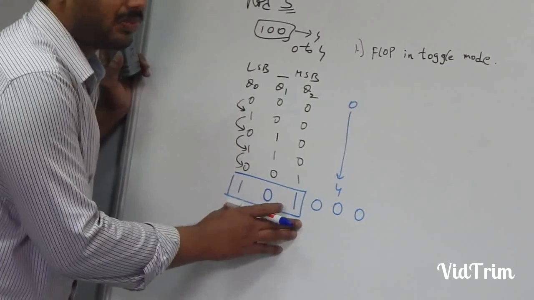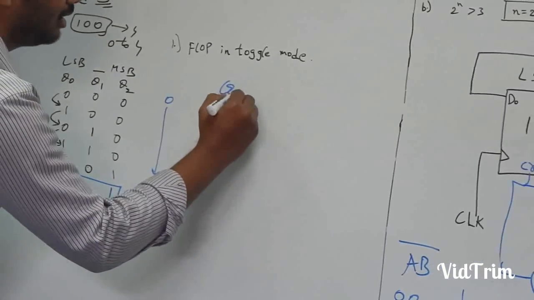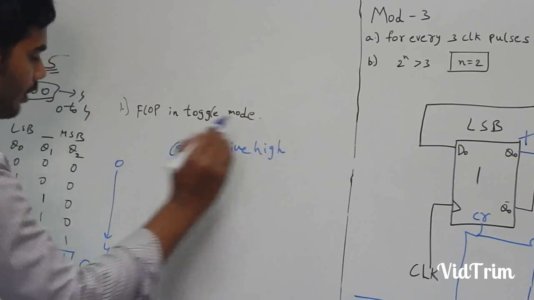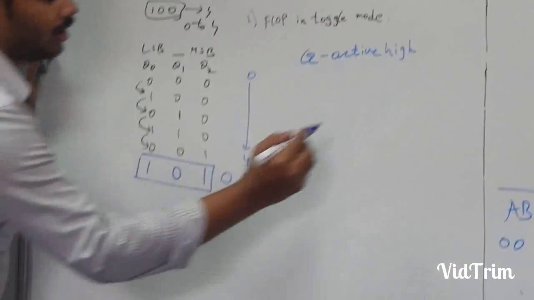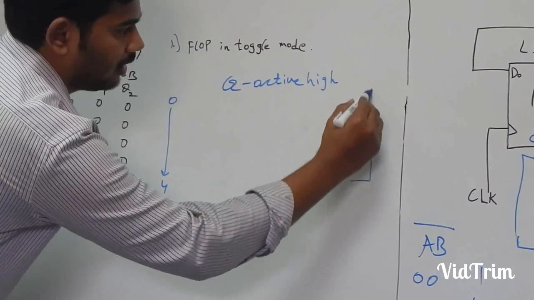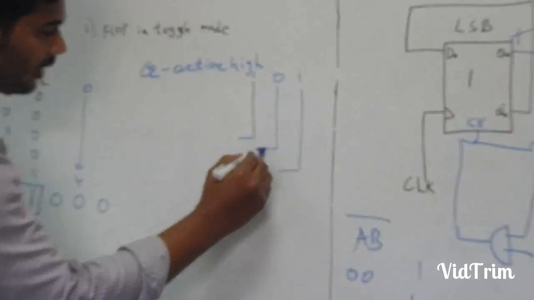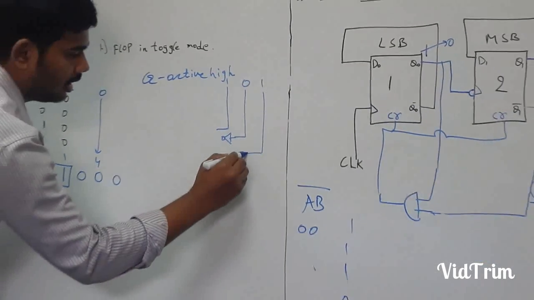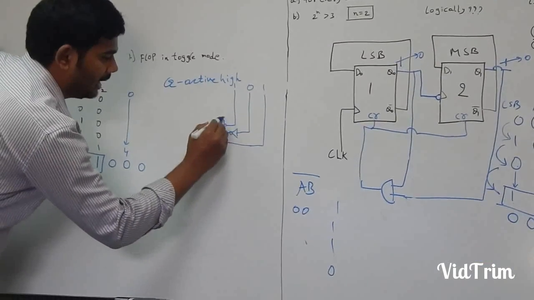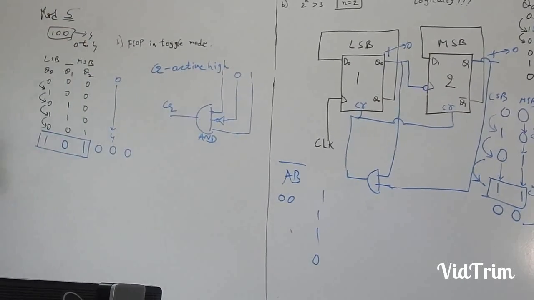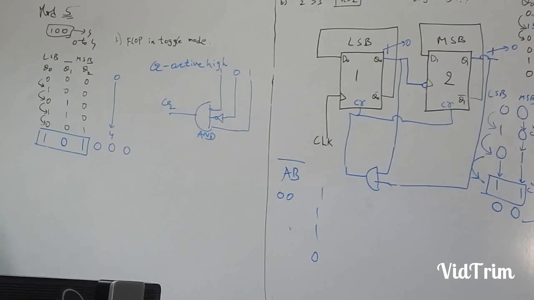Similarly, taking active high clear, I take the MSB bit, this bit and this bit, send the middle one to an inverter, then send all of them to an AND gate and give the output to the clear pin of all flops, and thereby I can clear it.